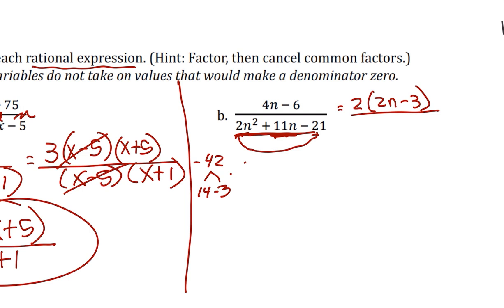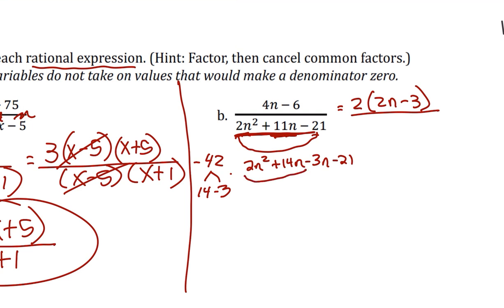Okay, the reason this is called splitting the middle term is we are literally going to rewrite the trinomial with the middle term split. Now, a common question is, how do you know whether to write the 14 or the minus 3 first? And the answer is, it doesn't make a bit of difference. It will come out to be the same answer whether you put negative 3n first and then the 14n, or did it the way we did it here.